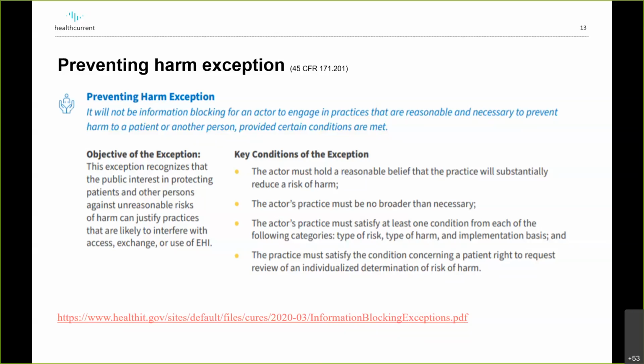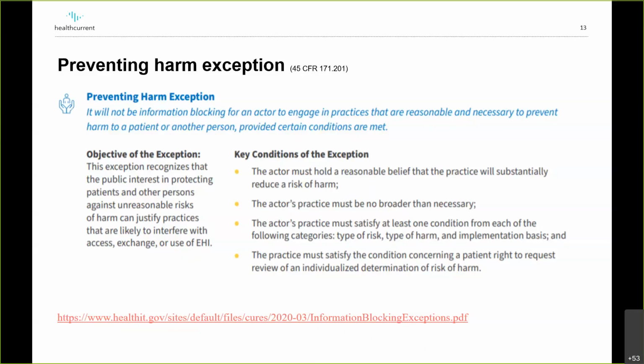However, under the HIPAA access rules, if the request is coming from the patient or the patient's personal representative, which is usually the context in which you would look to the preventing harm exception to deny an access request, HIPAA does have timing components, and if you're a HIPAA-covered entity, you have to respond within 60 days to that individual access request.